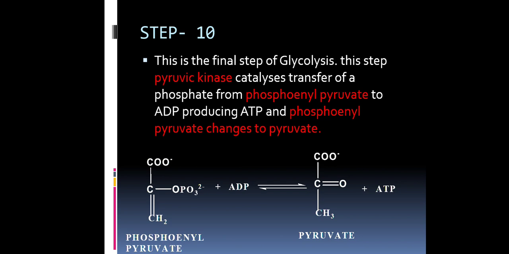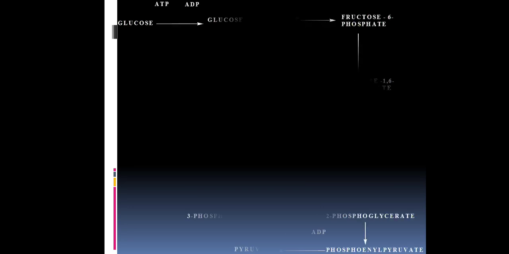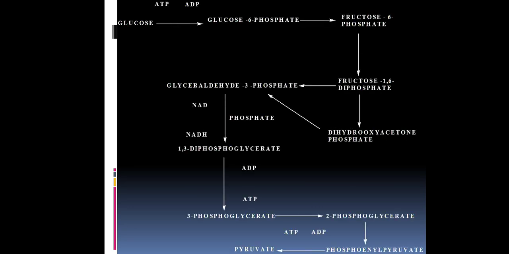So ultimately you get 2 moles of ATP in glycolysis. So the overall step can be understood in this way. Okay, so that is the overall step of glycolysis. These are all the steps through which a glucose converts to a pyruvate. And the point to be noted is that at the end you get 2 moles of energy rich ATP in glycolysis.